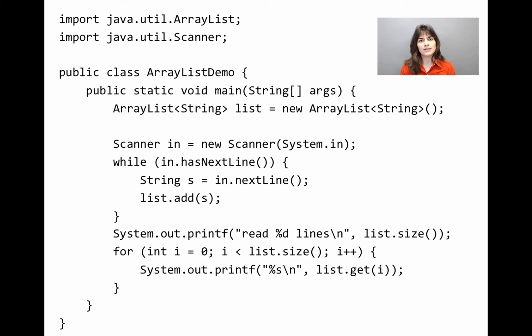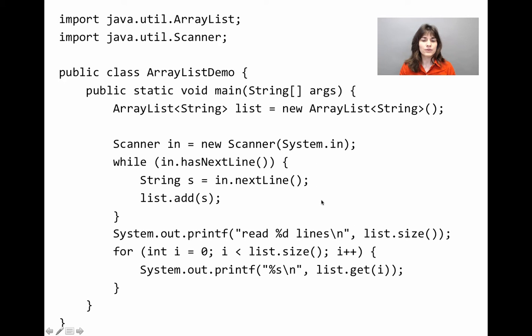And this is what happens inside the while loop. While the user inputs more lines to us, we read a whole line that the user inputs, and then we store it into the ArrayList with list.add.